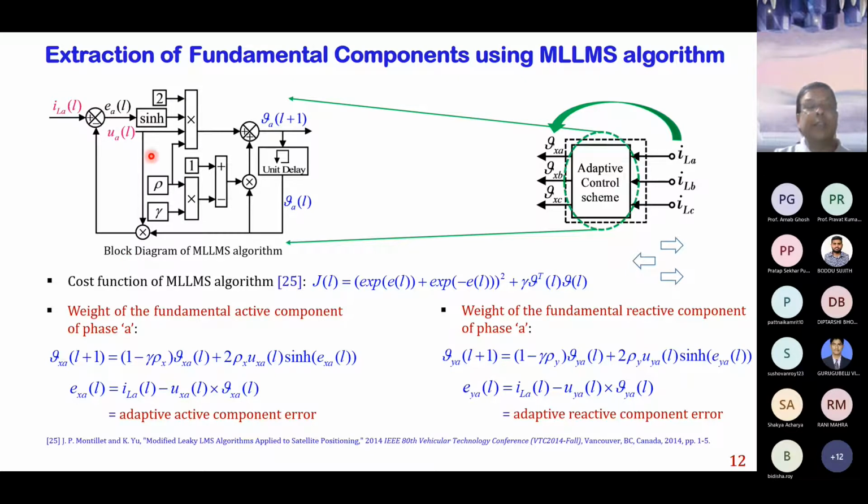So this is your error signal, and then this is the formula. The iteration is like that. The fundamental active component is VXA. The previous sampling time is VXA. This is L plus 1. And then this is sine hyperbolic. This is the error. So this is translated into this block diagram.